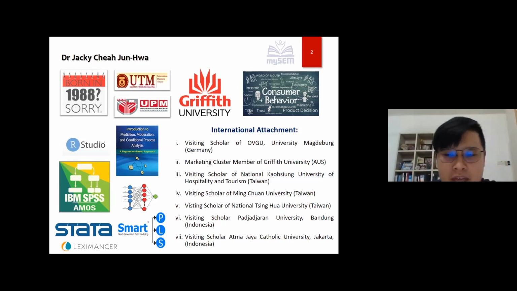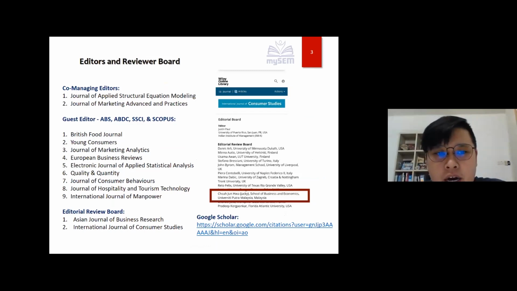These are some of the attachments I have achieved throughout my journey. To keep it short and simple, I'm also currently an editor and review board member for some journals. Some of my journals with my colleagues are Journal of Applied Structural Equation Modeling, Journal of Marketing Analytics and Practice, and guest editor of several SSCI, or should I say Scopus journals. Or if you're in Australia, then it will be ABDC, or if you're in Europe, then ABS.